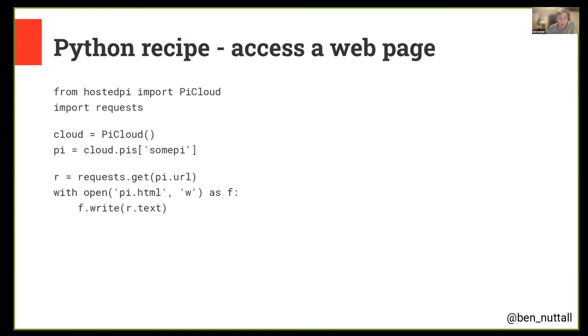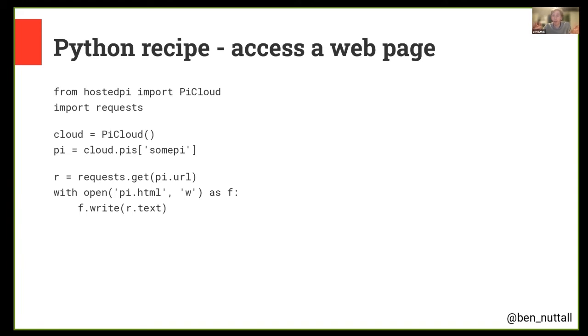And I think I've got another example. So if, for instance, you had a Pi that had some web page on it, so maybe it got some data and put some data on a web page or output to a JSON file, something like that. I mean, it's a bit of a stretch here, but you could use the API just to get the URL for a particular Pi.